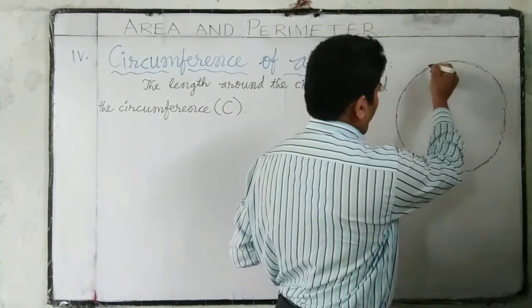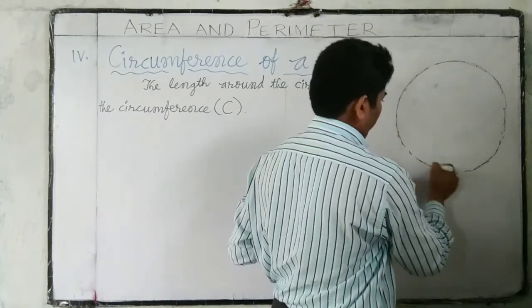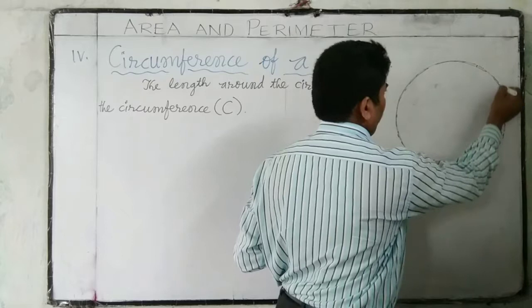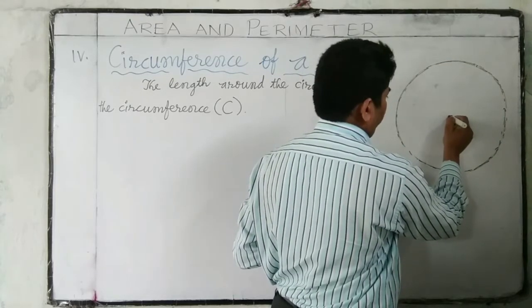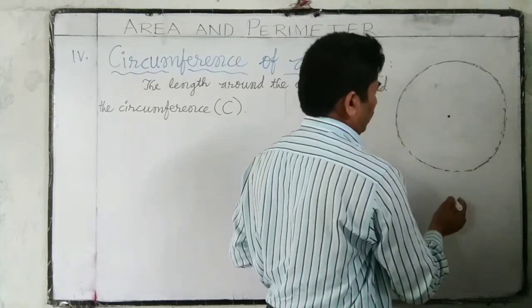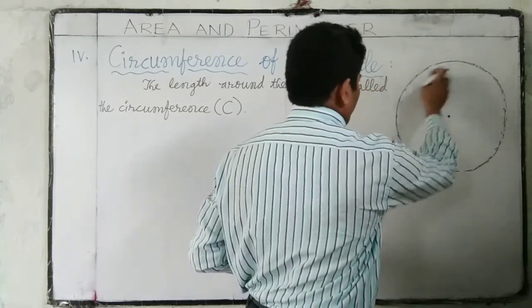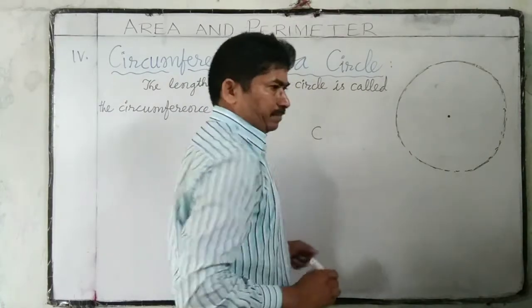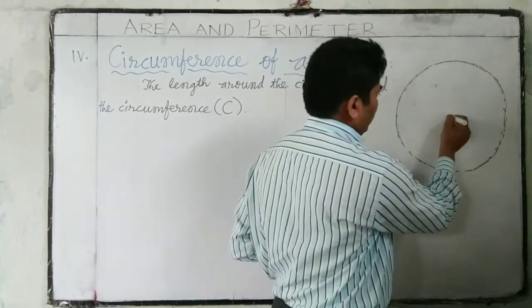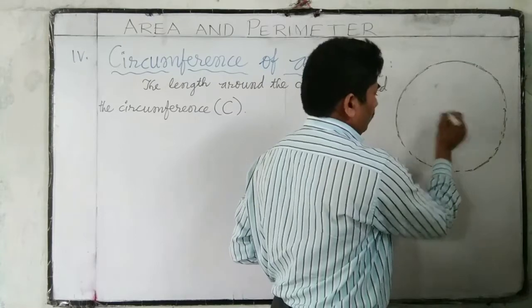This is a circle. This is a center. The length around the circle is called circumference C. This is a center O.